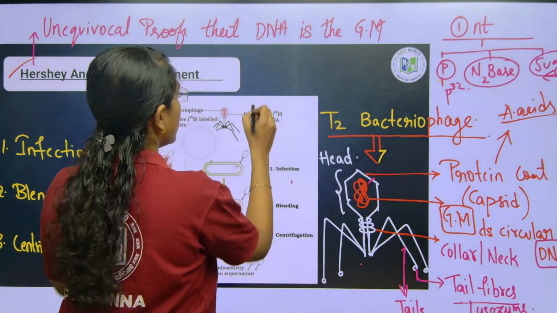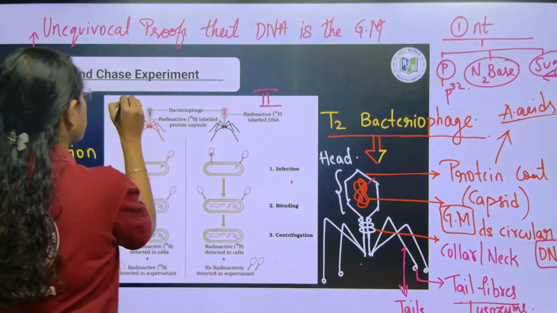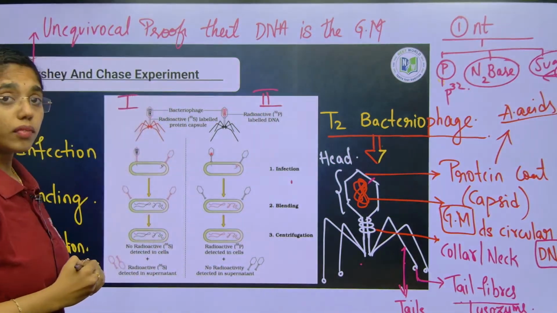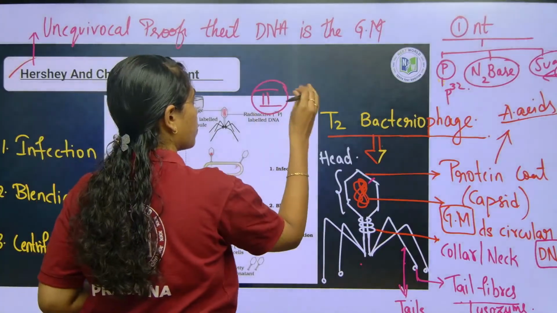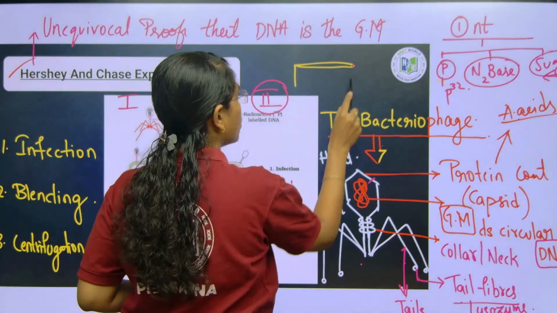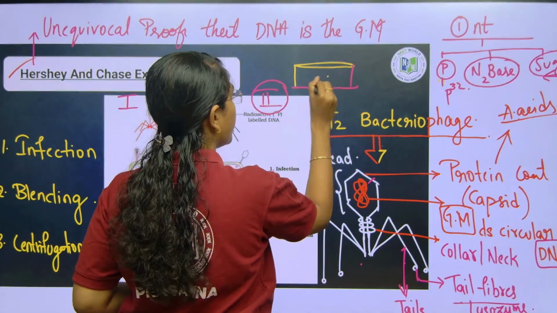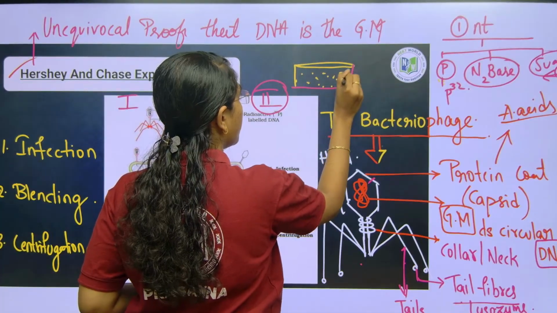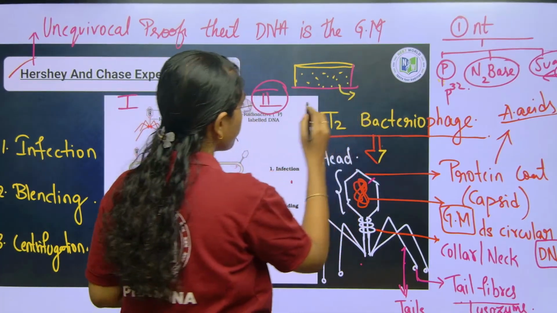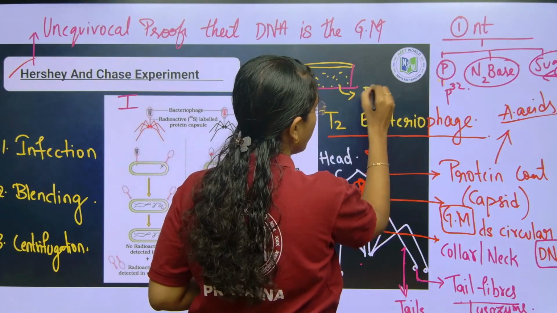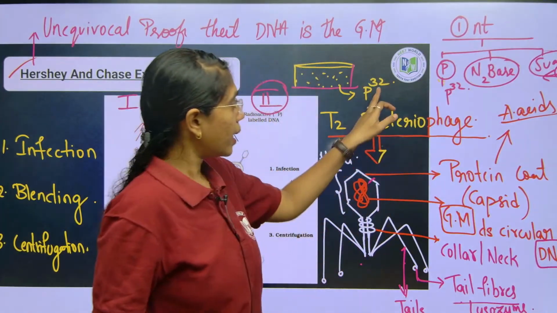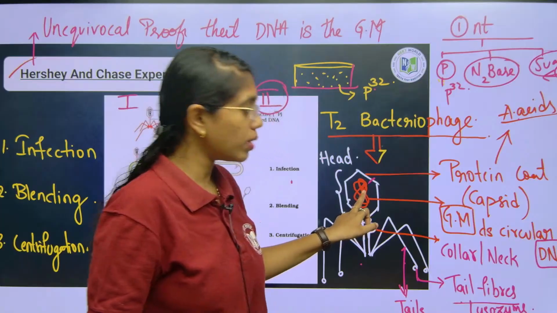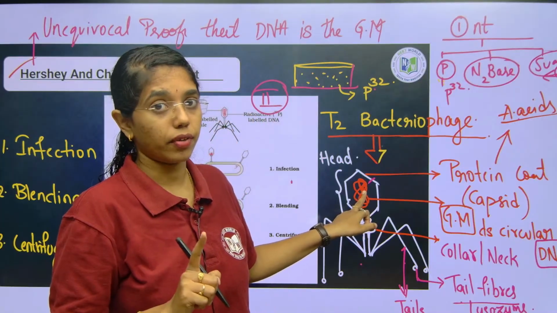Consider this as the second and this as first. To the second culture plate, we have taken bacteriophage which has an isotope of P32, right? Here this isotope is added where? Into the genetic material. Remember this carefully, okay?